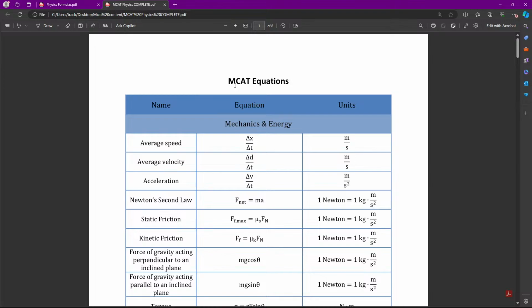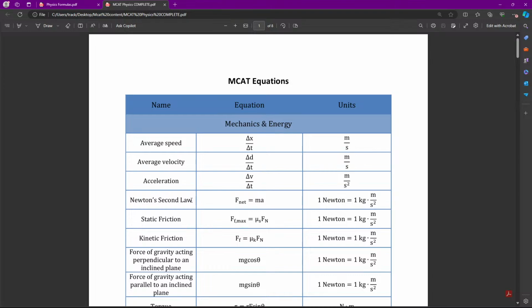So we know the average speed is equal to delta x over t. I was really surprised they didn't have the kinematic equations in that. Interesting. Average velocity is delta d over t. Acceleration is delta v over delta t, which we know. Newton's second law is F net is equal to mass times acceleration.